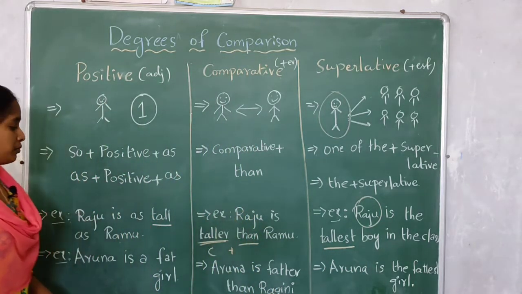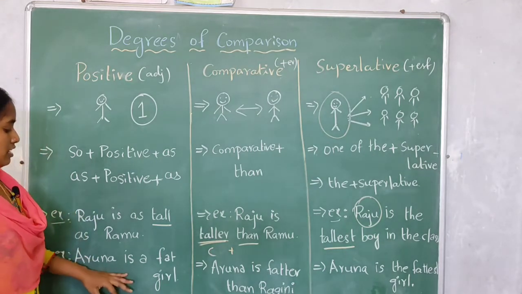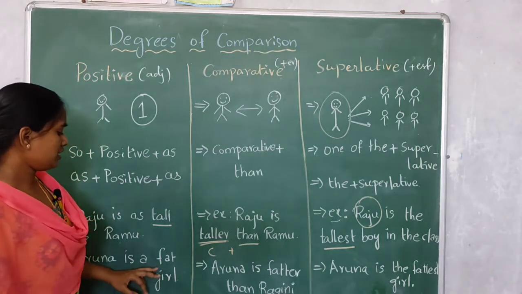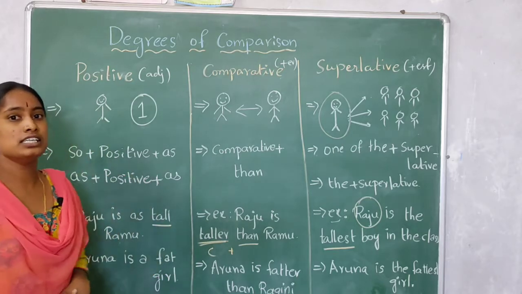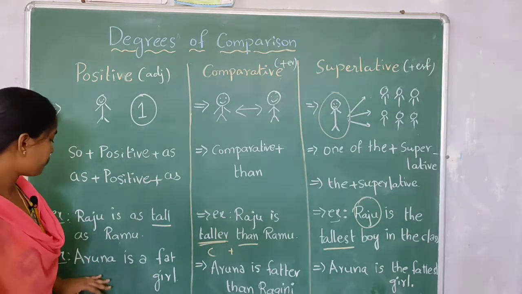So next let us see one more example. Aruna is a fat girl. So here I am just talking about Aruna. That's it. Aruna is a fat girl. So we can also change this positive degree by adding one more person's name.